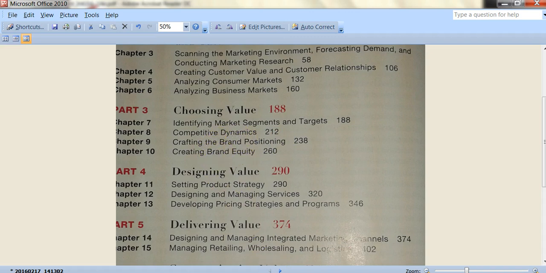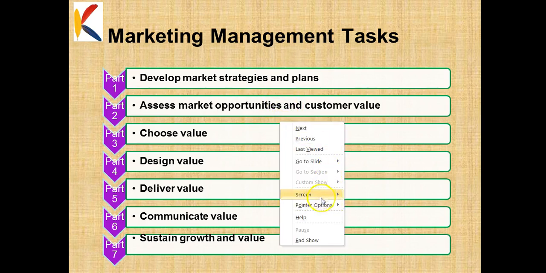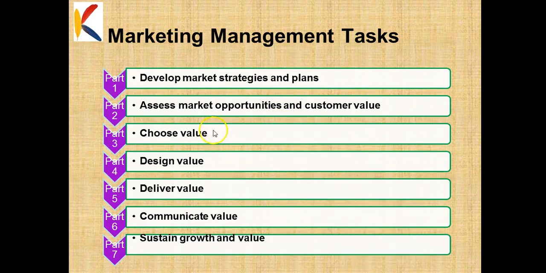So if you ask me how do we do it, here we make a plan. It is our plan part, and then we assess the market opportunities. So we check the environment, we check the value of the customers, and then we have the options. Out of the options, we distribute the market into segments.